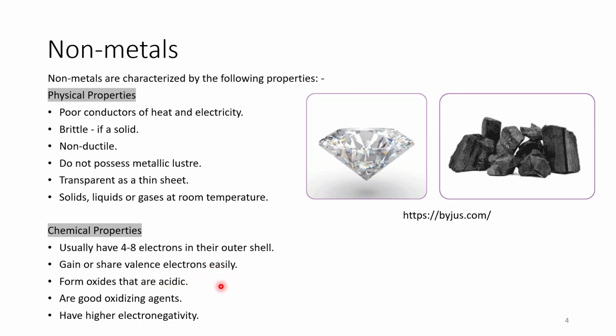When they combine with H2O, they form acids such as nitric acid, sulfuric acid, HCl and others. They are good oxidizing agents, and they have very high electronegativity. Diamond, coal and charcoal are some examples of non-metals.